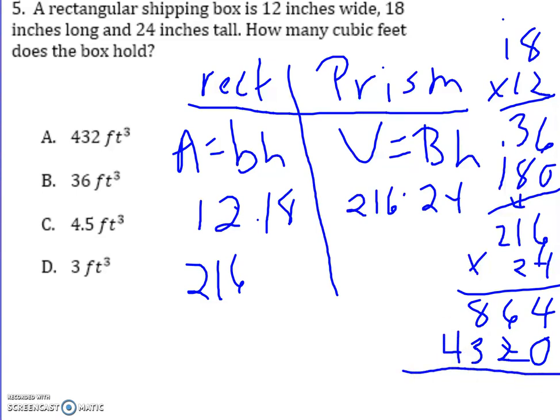We add it all up. We get 4, 8, 1, 1, 5. Okay. But it wants it in feet. So what we can do from here is we could start over.